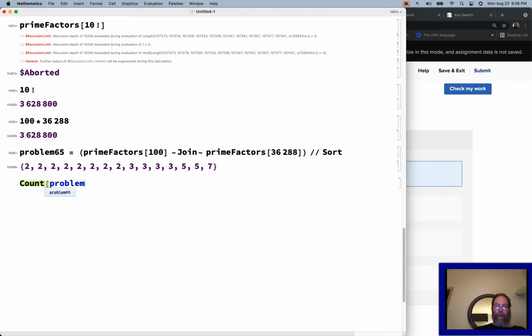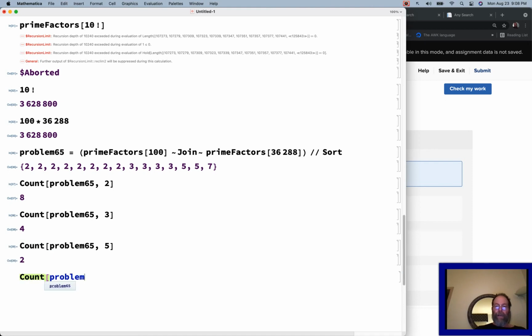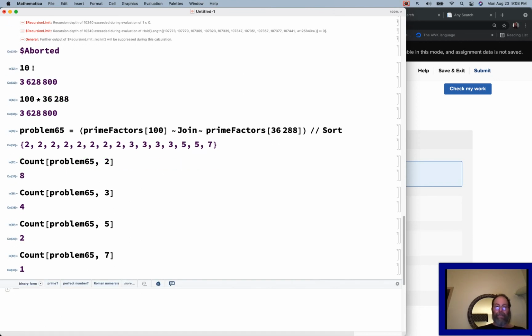Count problem 65. How many 2s? How many 3s? How many 5s? How many 7s?